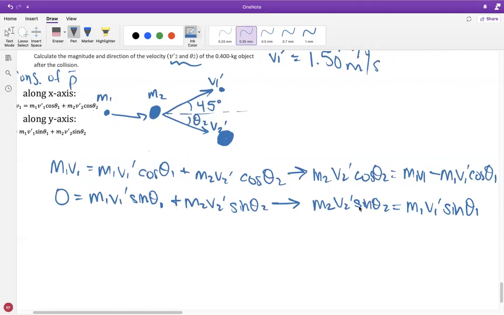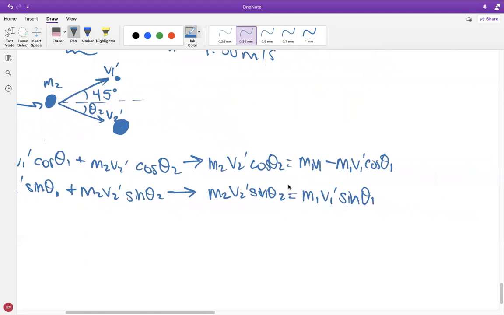So what we can do with these two equations is put them together in a way that might be a little bit confusing. To combine them, we divide one by the other.